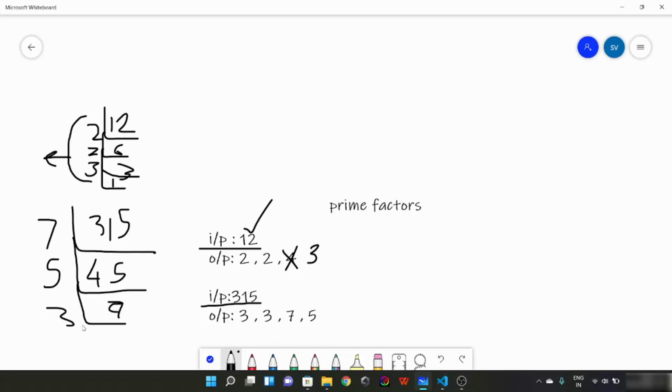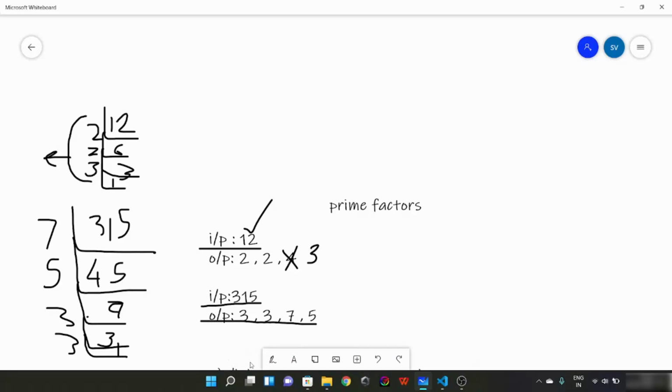Let's divide by 3, and then again divide it by 3 and we'll get 1. Alright, so this is what we have to find. Hence our output is this. Now pause this video and try to find a solution for this.